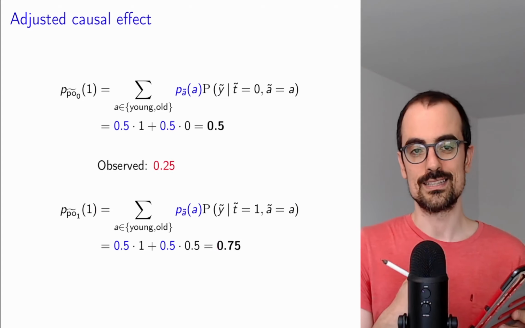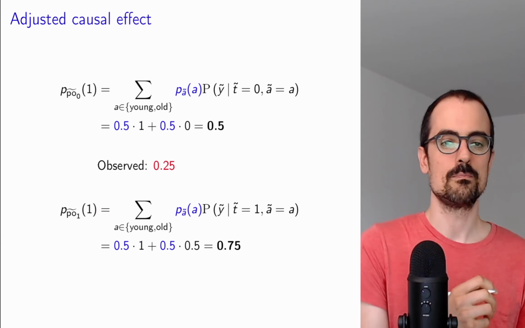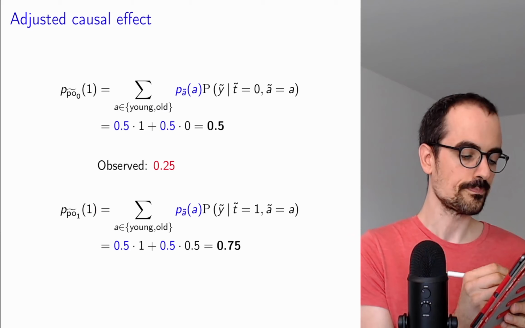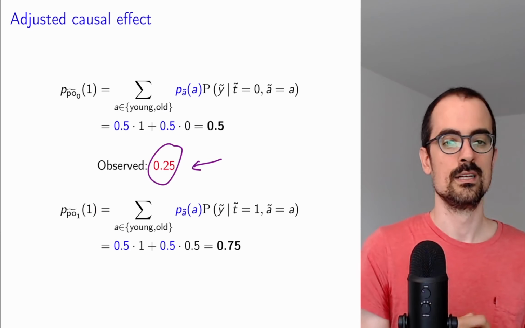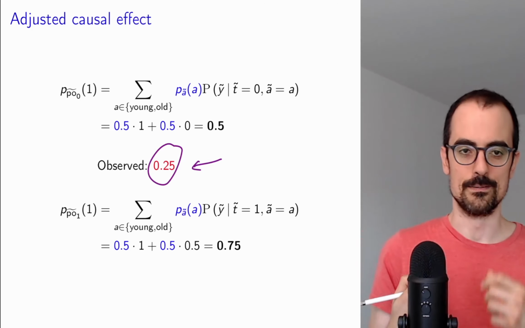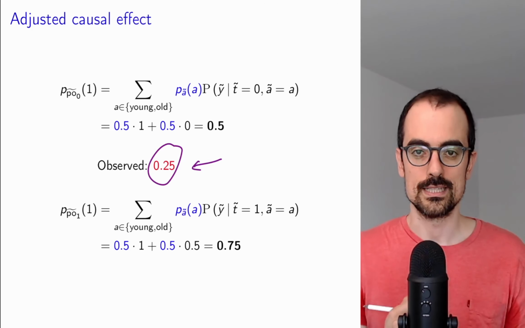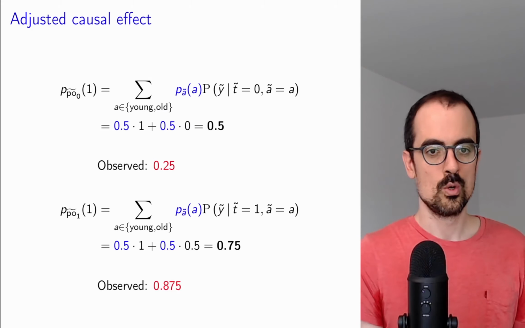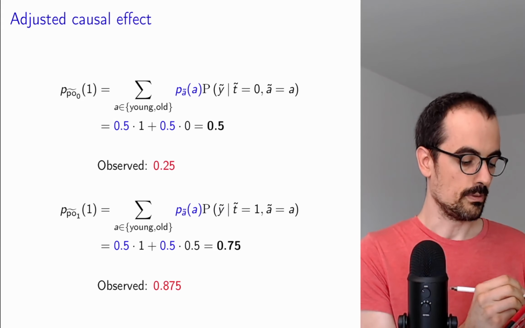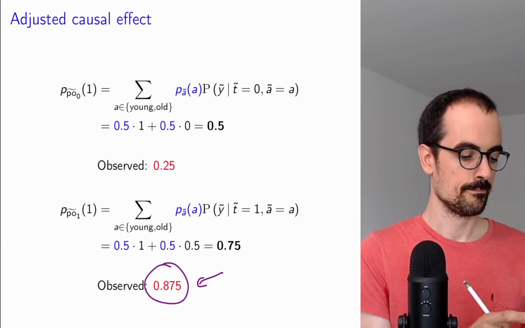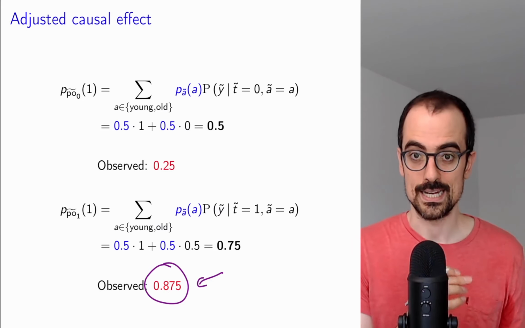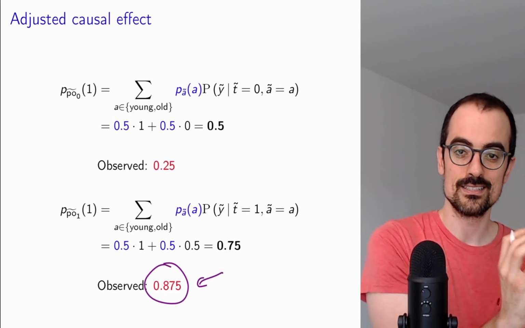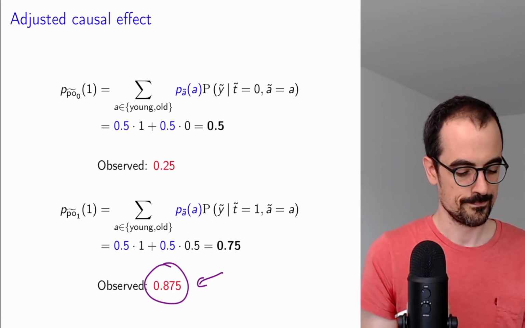Because old patients were overrepresented in the control group, we were underestimating the probability of recovery if you don't take the medicine, and because younger patients were overrepresented in the treatment group, we're overestimating the probability of recovery if you take the medicine. And this can be, again, corrected for by stratifying, which means separating the old patients and the young patients.